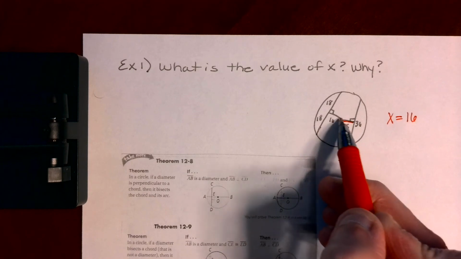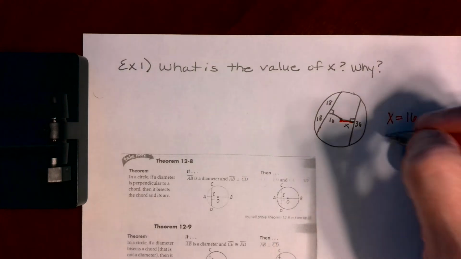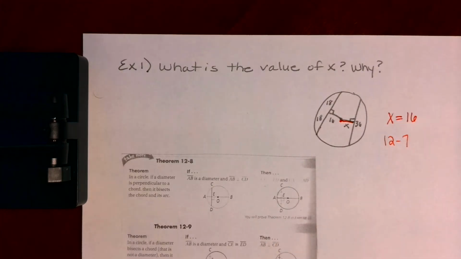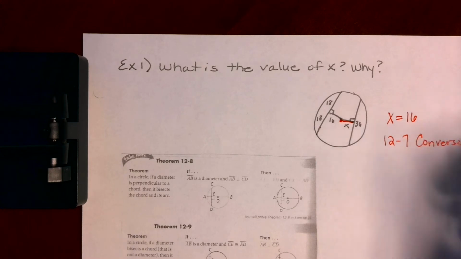Therefore, the distance from here to here perpendicularly is the same. Which theorem is that, though, that we just looked at? Right, 12-7. Actually, was it the converse or was it the regular one? We were given the chords, so it would be the converse.